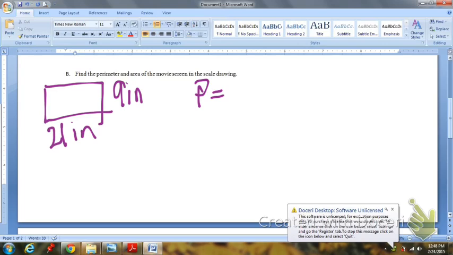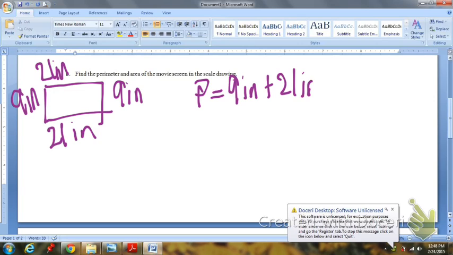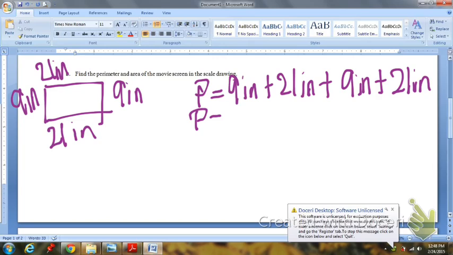So since rectangles, the sides across from each other are congruent, this side is 9 inches and this side is 21 inches. So now we can add all four sides to find the perimeter. So 9 inches plus 21 inches plus 9 inches plus 21 inches. And that, if you add all together, is 60 inches.